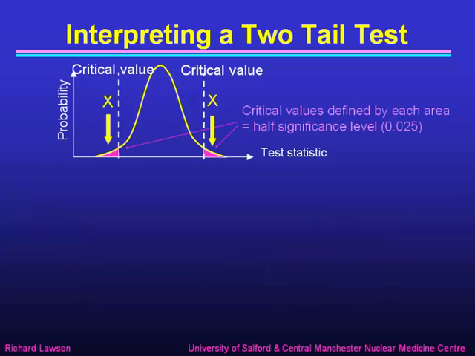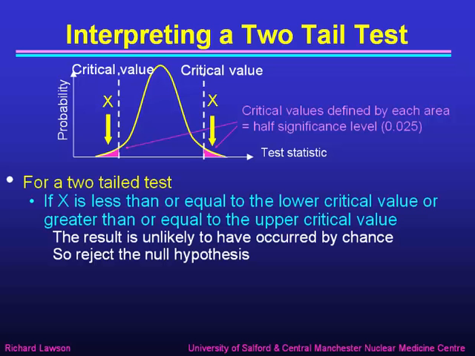If we've got a two-tailed test, we've got two critical values, and the critical values are defined by each area being half the significance level. So for p equals 0.05 we want a total area of 0.05, so we need 0.025 in the left-hand tail and 0.025 in the right-hand tail to define the critical value.